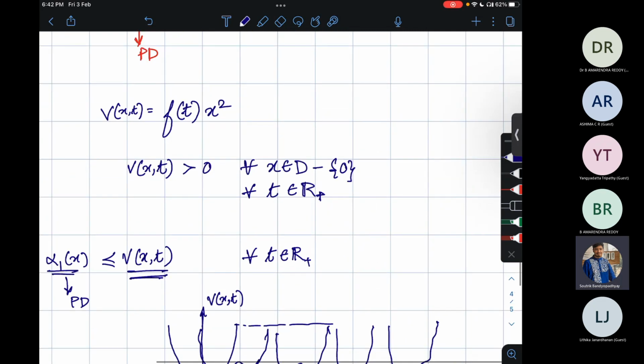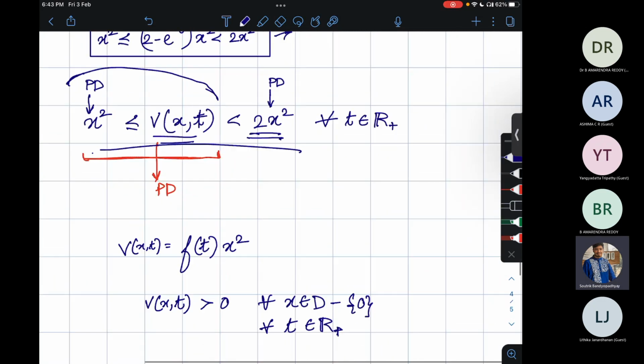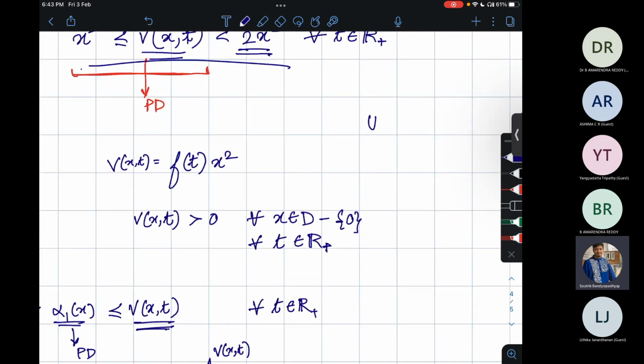The decrescence, or this upper bound, is required when the Lyapunov function is time dependent, and you need to perform uniformity analysis. Now there is this concept of uniformity.